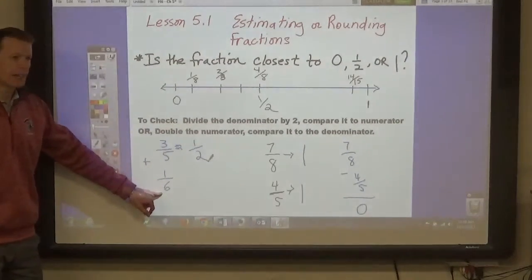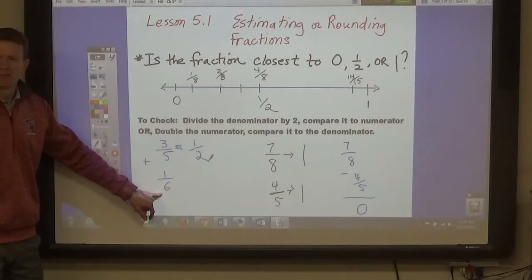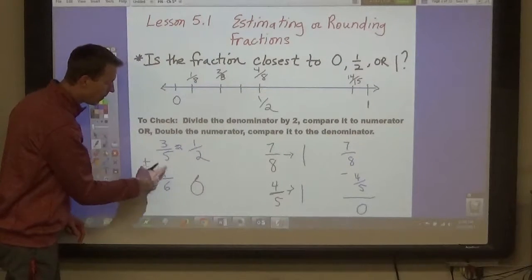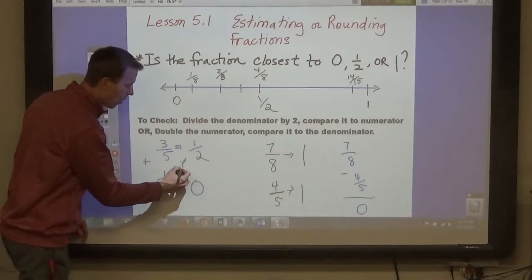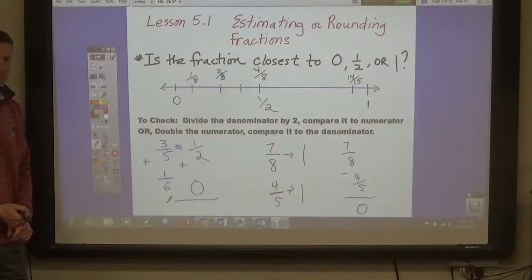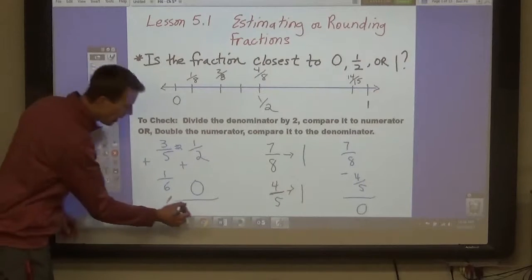What about 1/6? What is that closest to? 0. So if we were estimating 3/5 plus 1/6, what would we estimate it to? 1/2.